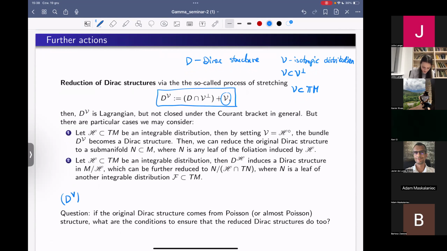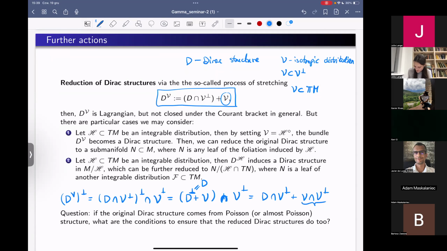Because if we take the orthogonal of it, simple calculations show that we are given this, and now, however, D is a Dirac structure, so D orthogonal equals D. So we obtain this, but this equals our distribution since it's isotropic, okay?